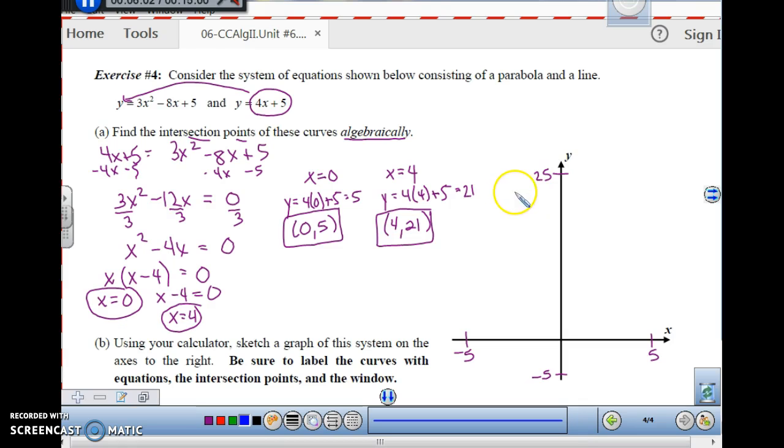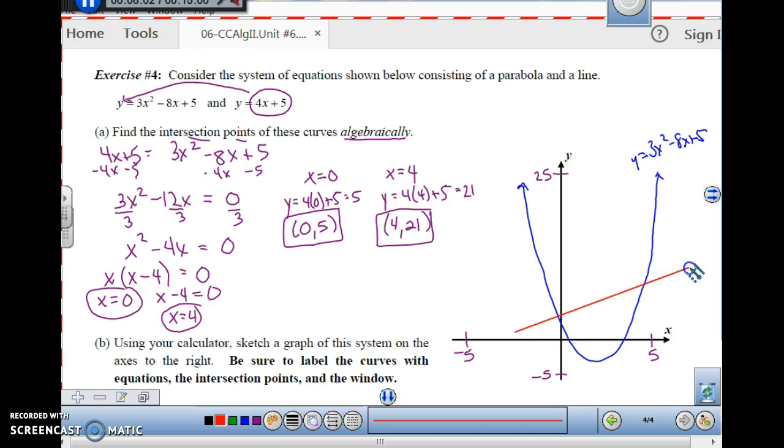So using my calculator to sketch what's on my paper, it looks something like this. All right, this went down like this, and then came back up like this. And this was y equals 3x squared minus 8x plus 5. And then the other one was the line, and it went something like this.